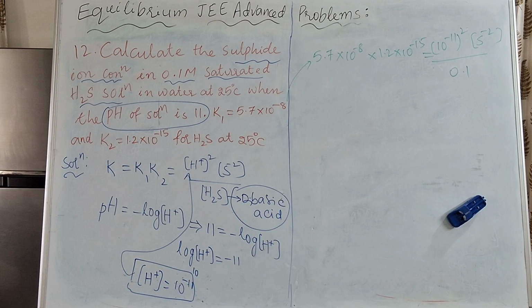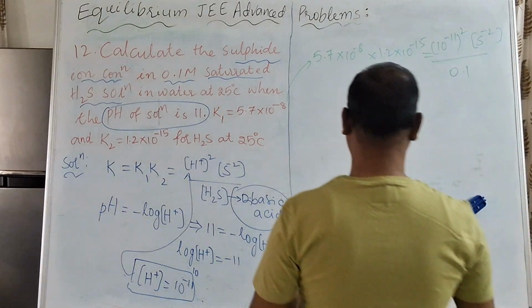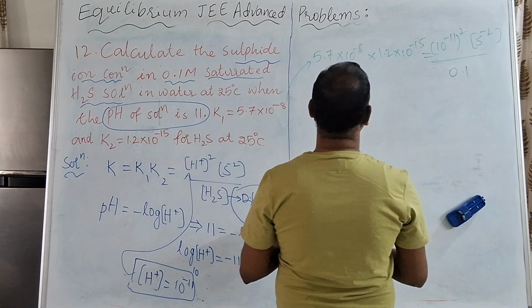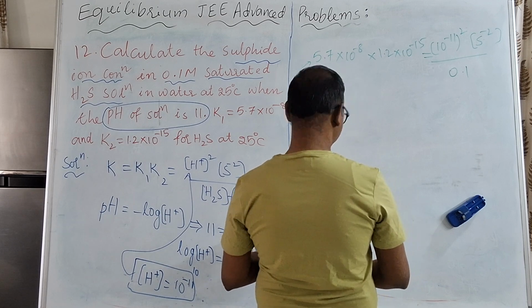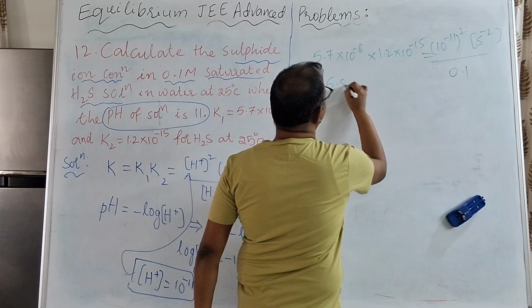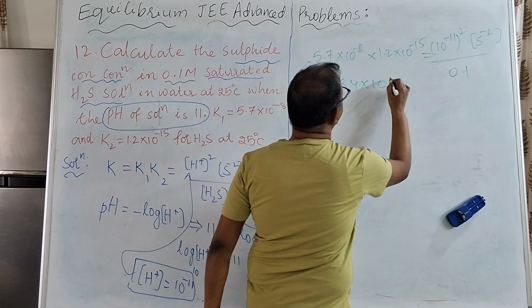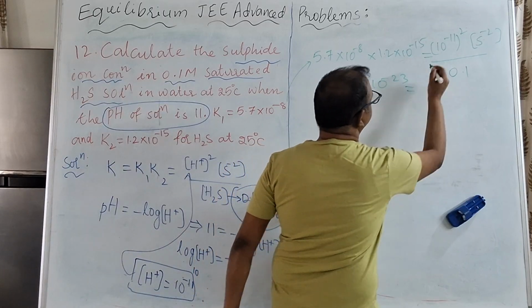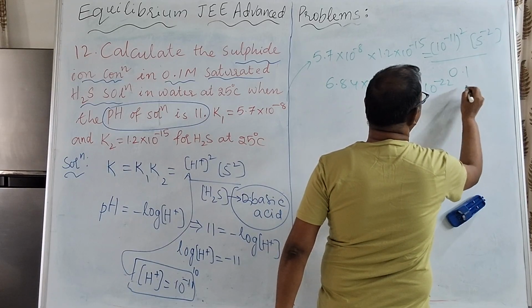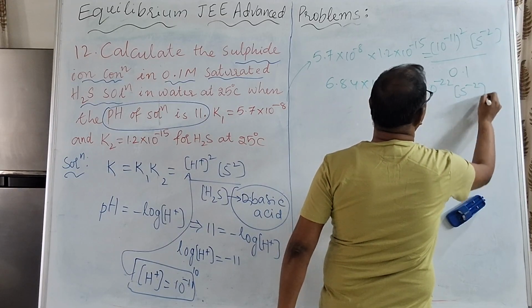All right. Now you can see here the S minus 2 concentration; just modify this equation. 5.7 into 1.2, that is 6.84 into 10 power minus 23, equal to 10 power minus 22 into S minus 2.